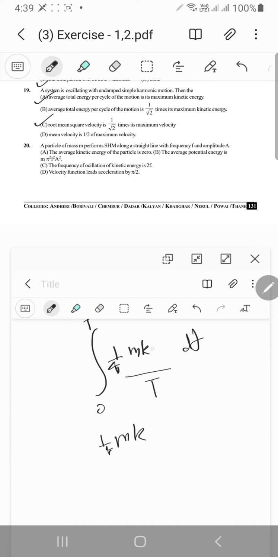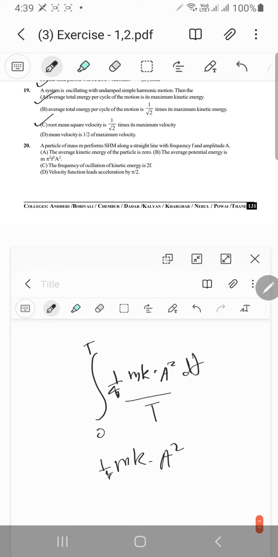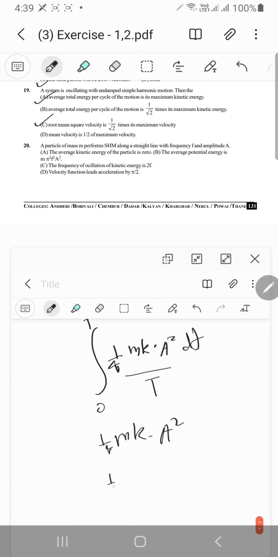For x squared you also need the amplitude squared, so mk into a squared. Okay, that looks correct. It's going to be 1 by 4 m. Yep, it's not this thing.